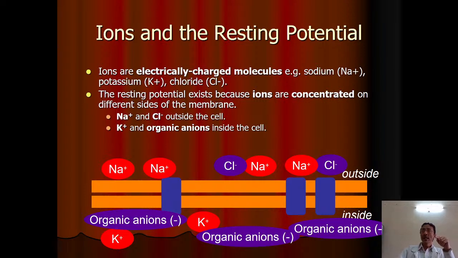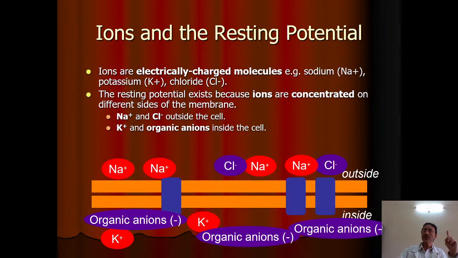inside stops, despite the fact that there is still a concentration gradient available from outside to inside. Though there may be a diffusion potential still existing from outside to inside, because of the development of electropositivity inside at plus 20 millivolts, the membrane suddenly becomes impermeable to the sodium ions.